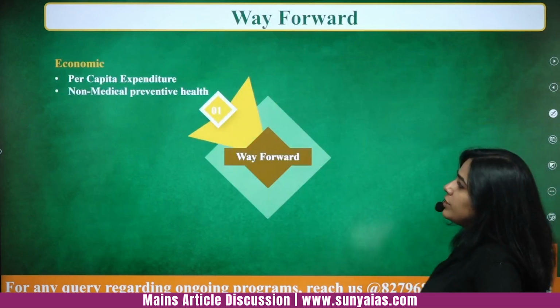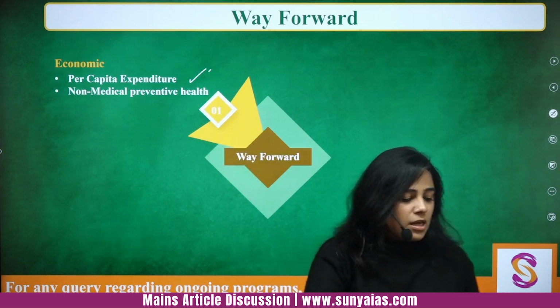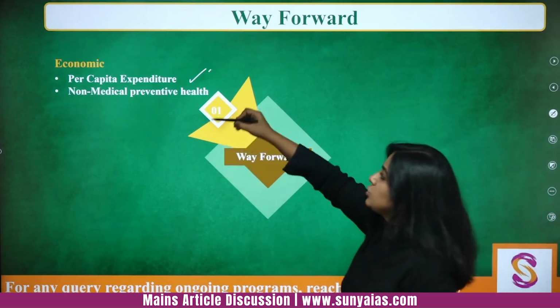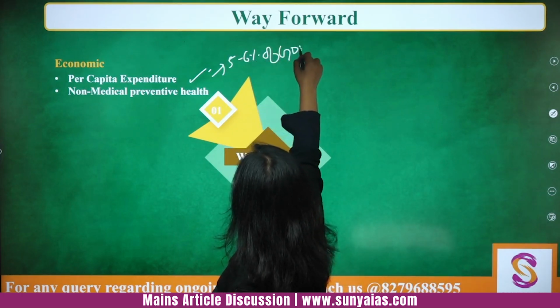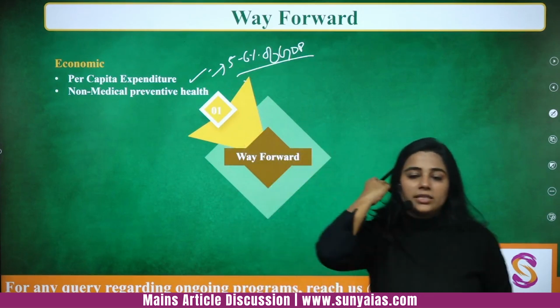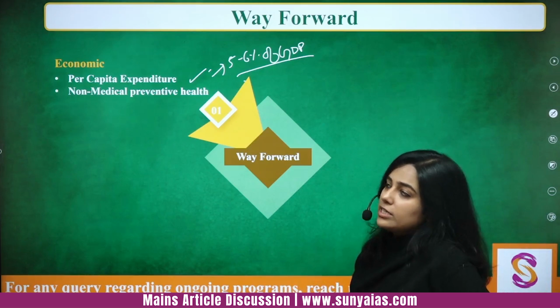So in the way forward, we need to increase per capita expenditure on health. This is the primary thing, and we need to take it to 5 to 6% of GDP. The expense made on health needs to be taken to 5 to 6% of GDP. 2.1% is not enough.